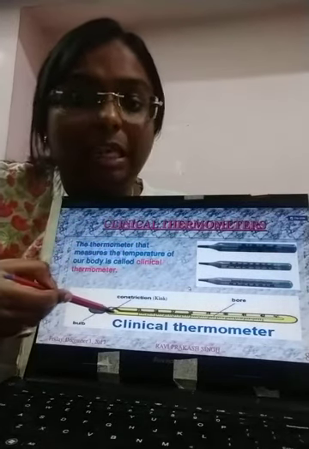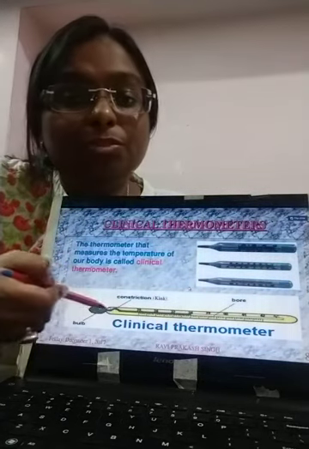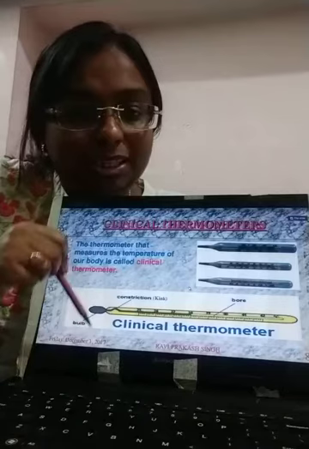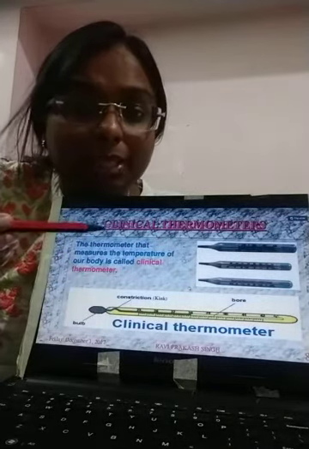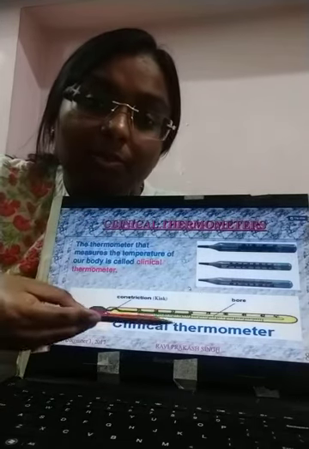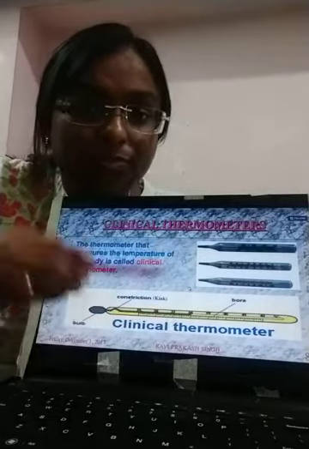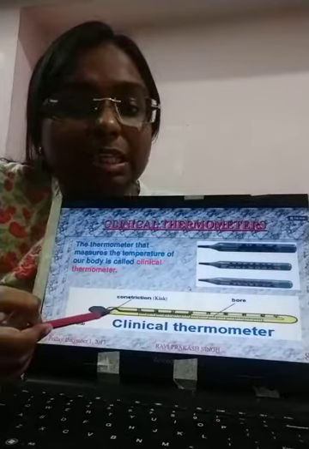So this kink prevents the mercury from falling down again into the bulb. It is very important in the case of a clinical thermometer, where we need some time to check the temperature of the body. To keep the mercury static at some point for a good period of time, this kink is helpful.